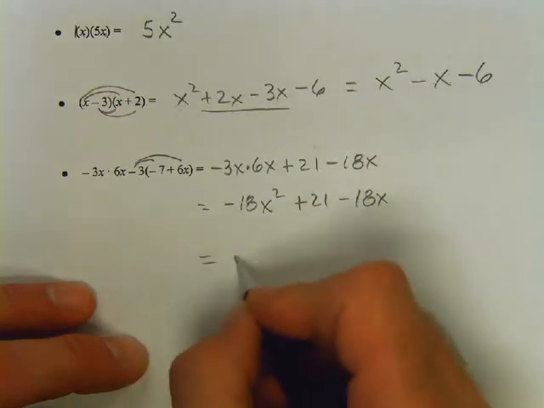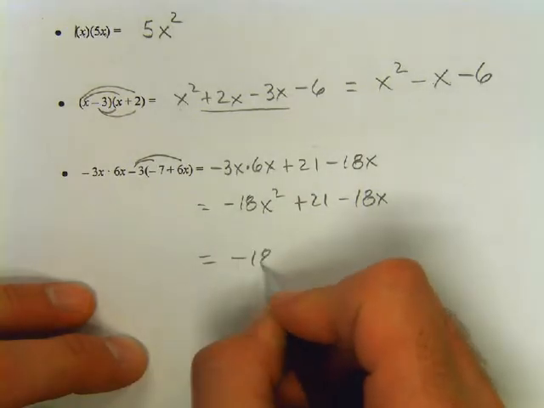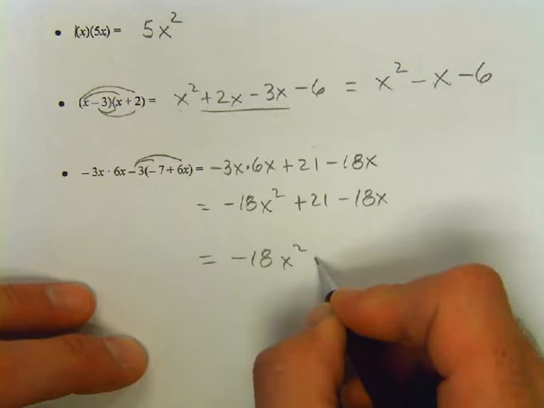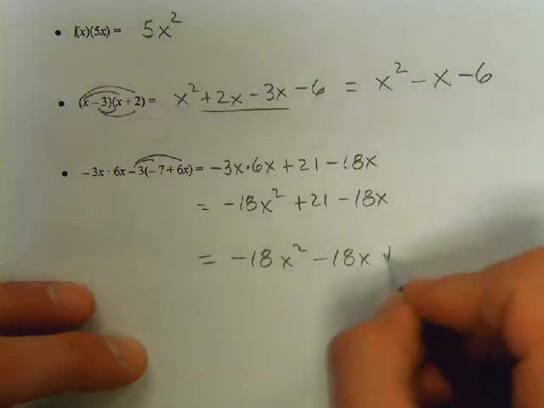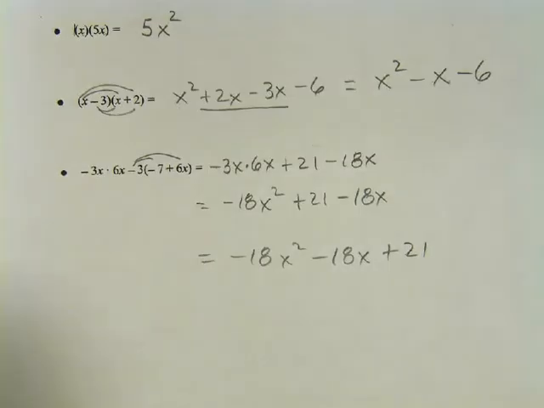Oh, all we have to do is put it in standard form. Minus 18x squared minus 18x plus 21. Did I do that right? Yes. Okay, thank you for that positive affirmation.